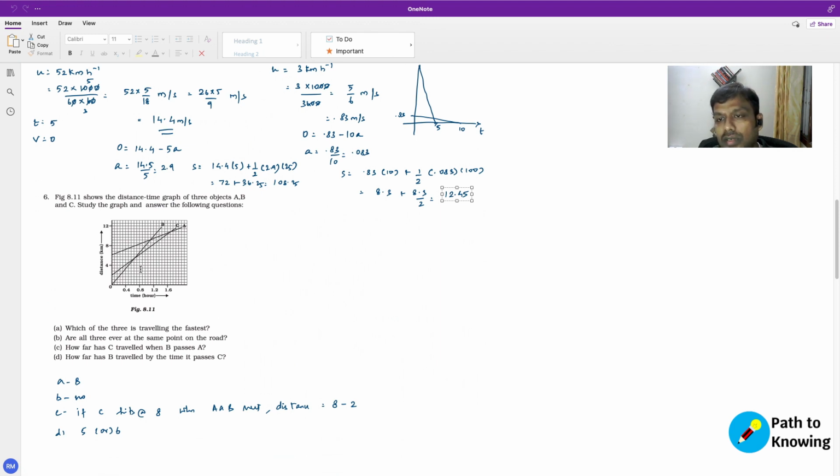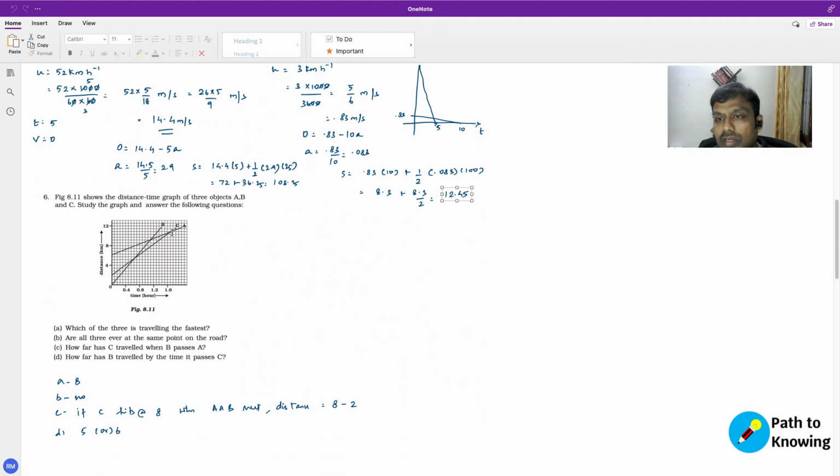But if you see here, not all the 3 points intersect. So you have this point where car B and car C have intersected, which means that they have covered the same distance at this particular point in time. At probably 0.8 time, the cars B and C were together.